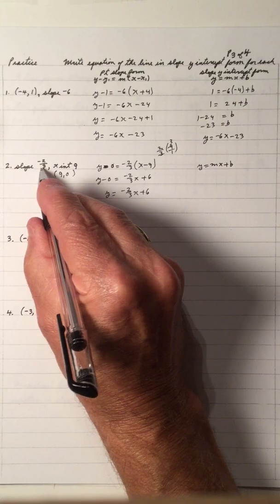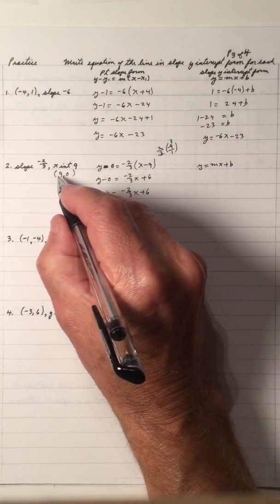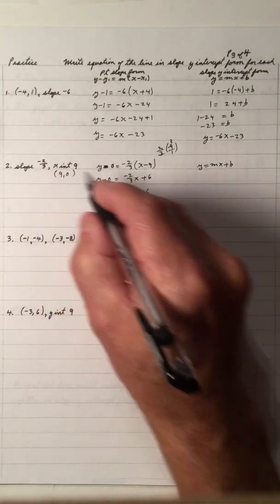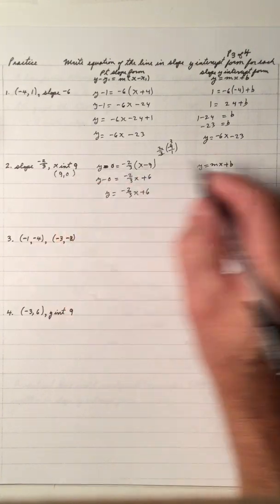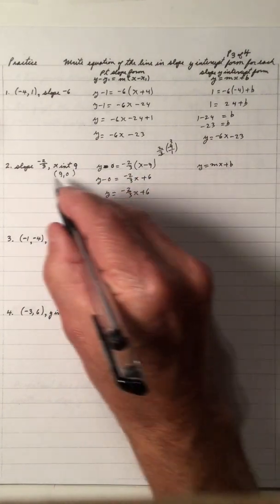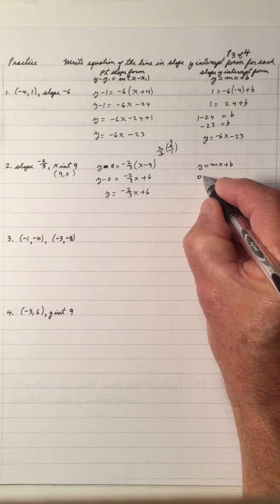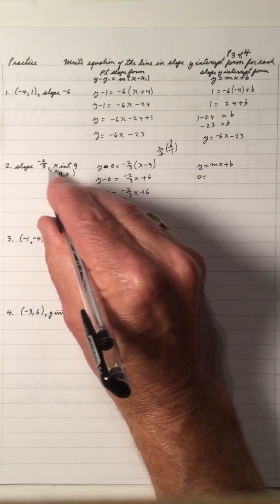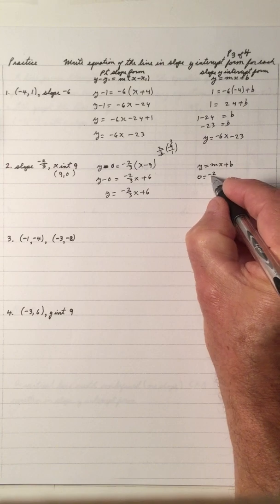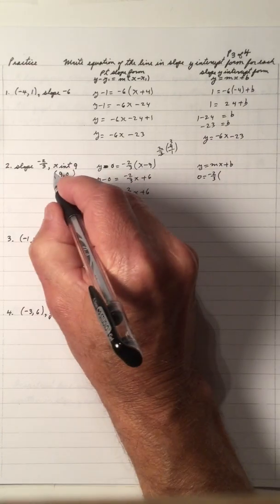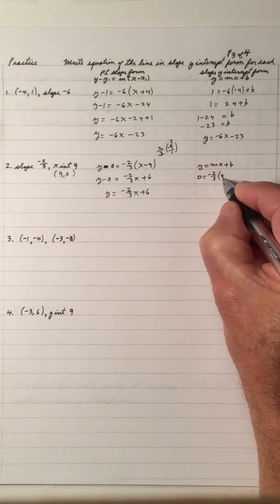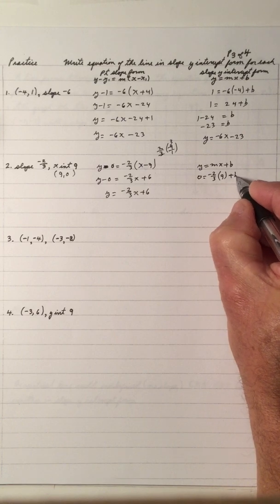Because I have a slope, which is my m. I have the 9 and the 0, which is the x and the y. So again, all of this information goes in here. So I got a 0 for y. I have negative 2/3 for the slope. My x is 9. And the b is the unknown.